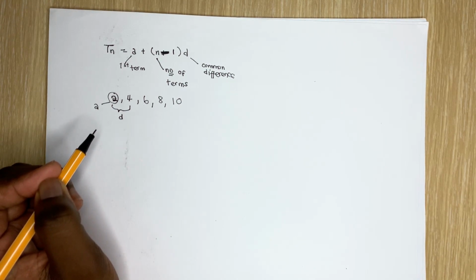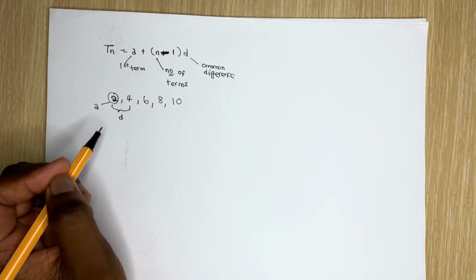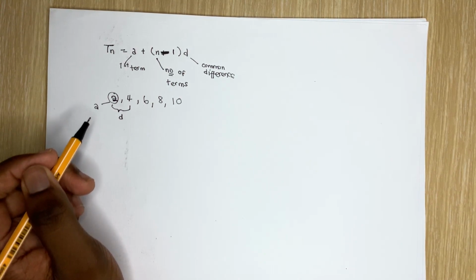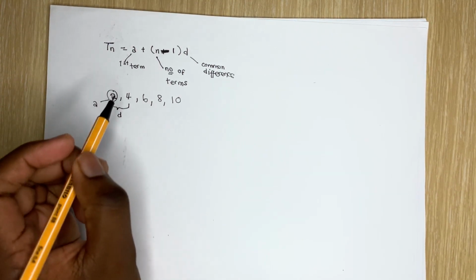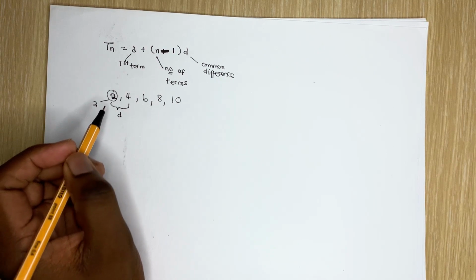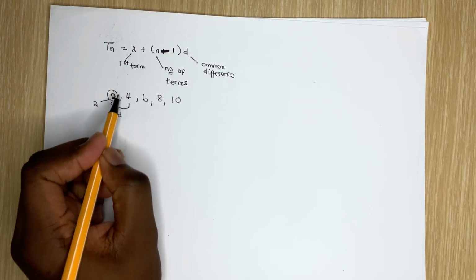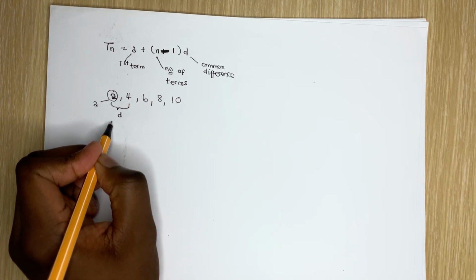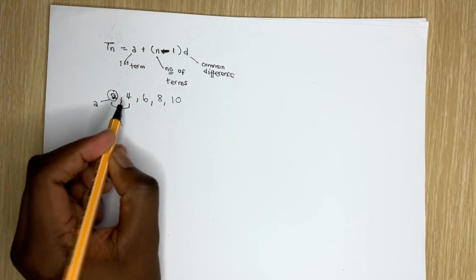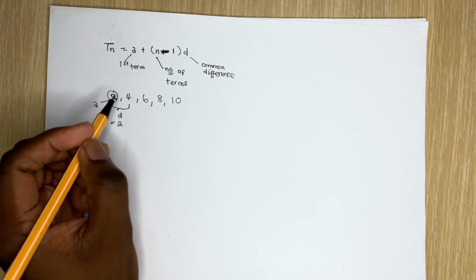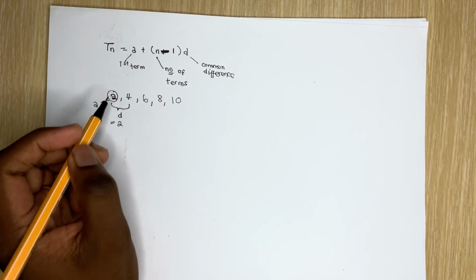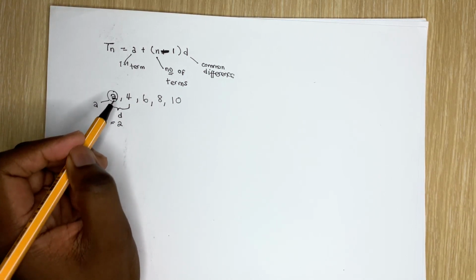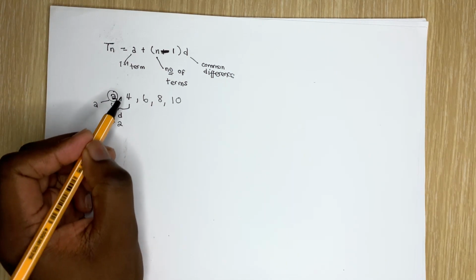And it is important to remember that in an arithmetic sequence, the common difference is always the same between 2 consecutive terms. So if, let's say for example, d was equal to 2, that means for every subsequent term, the common difference should always be 2.